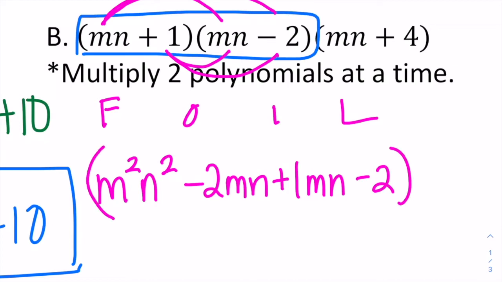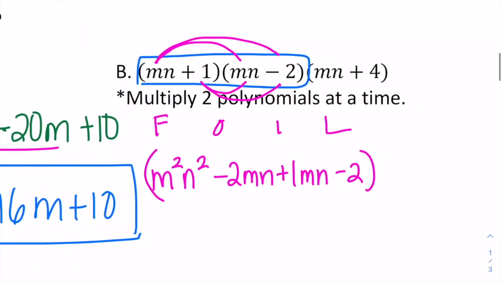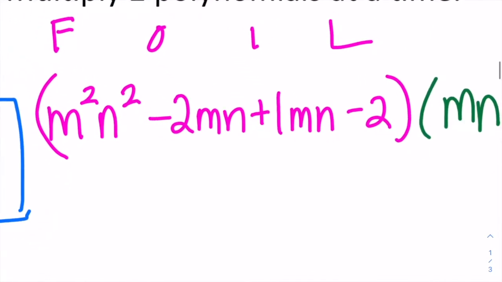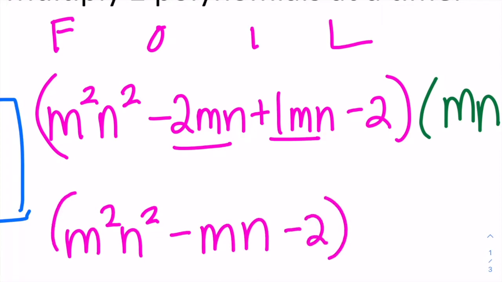So I'm going to put that in parentheses, and we don't want to forget about that third binomial here. But before we start multiplying things, I want to make sure we simplify what's in this first parenthesis. So we do have like terms here. So we have m squared n squared minus mn minus 2.